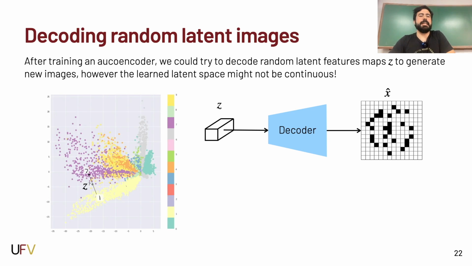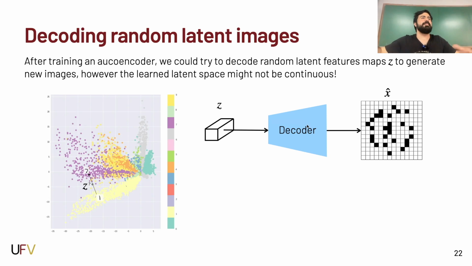All right, we are getting there now. How could you use an autoencoder to generate data points? Here's an idea. We could try to decode a random vector z. Now it's a feature map, but let's say we randomly generate a feature map and just pass it through the decoder.